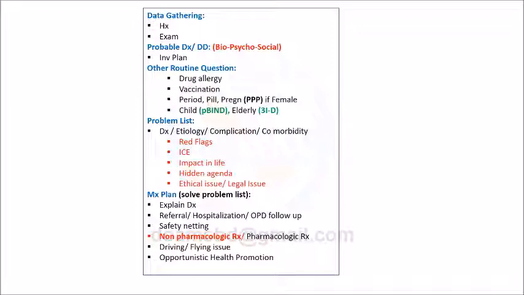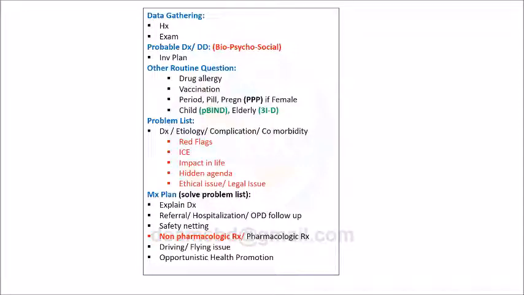That means we are getting the data, asking about ideas, which is one of the skills, along with concern and expectation. And we are asking the impact in life, hidden agenda, ethical issue, legal issue. Is there any hidden agenda? The red colors mean these are very, very important for the MRCGP or OSCE exam.